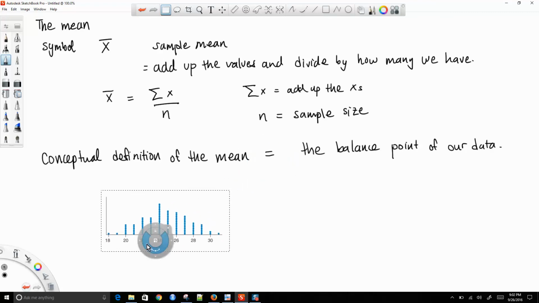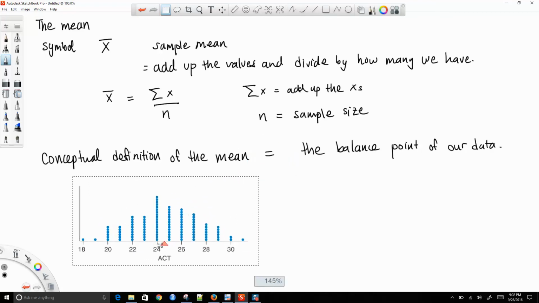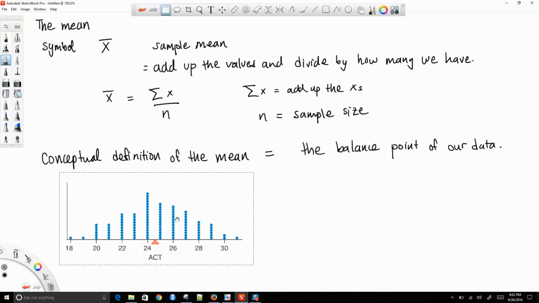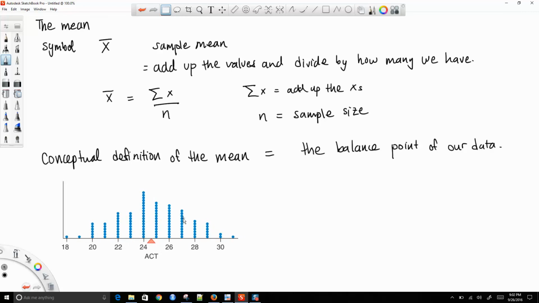The ACT is a standardized test, kind of like the SAT exam. Colleges look at it, and they say, you scored this on the ACT, you can come to our school. Or you can't come to our school. So here's the dot plot.